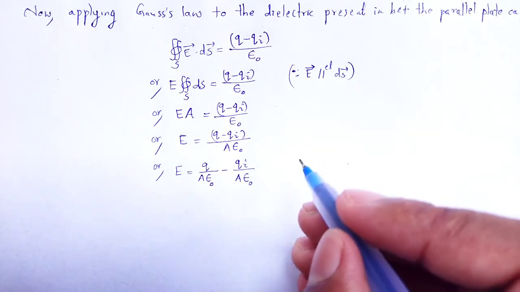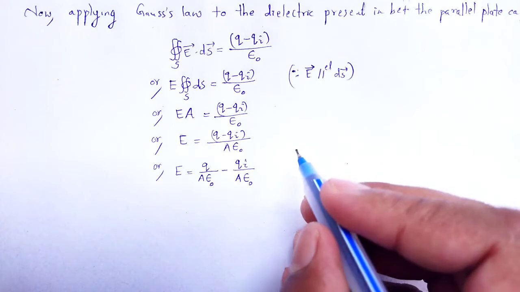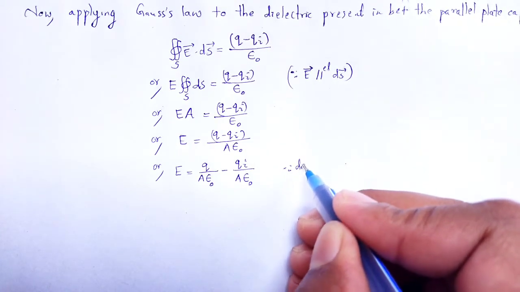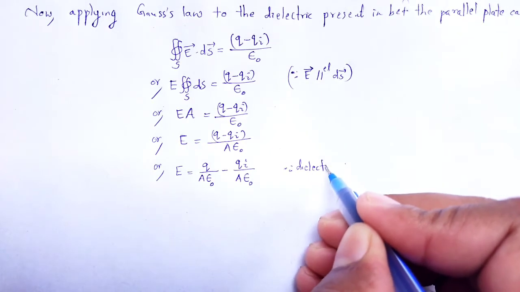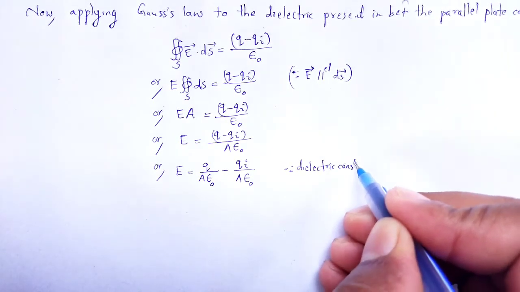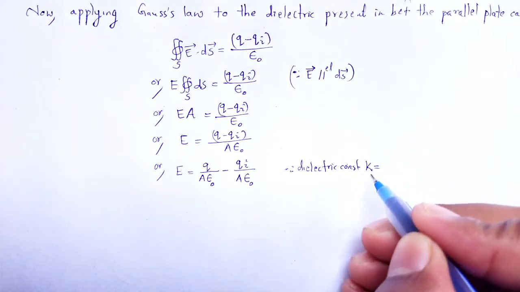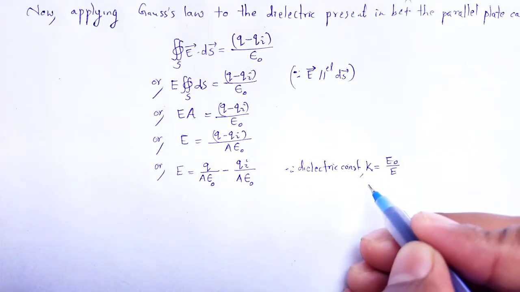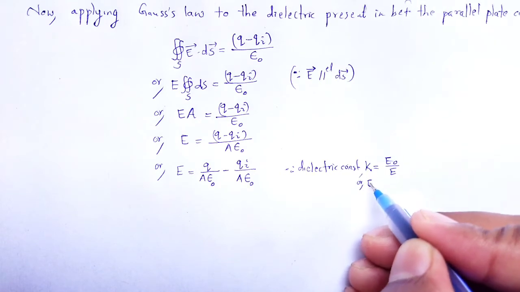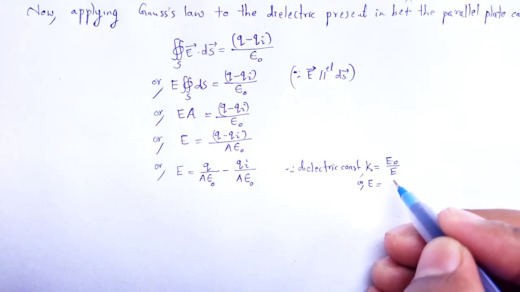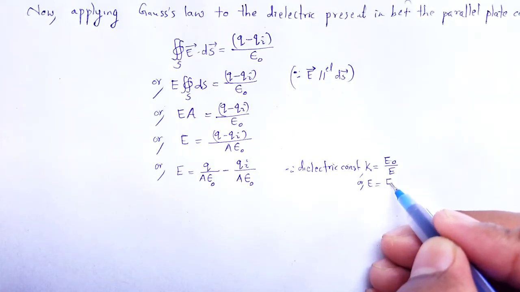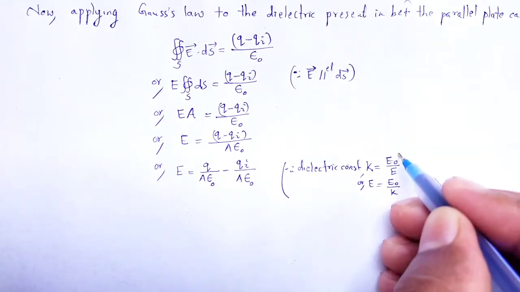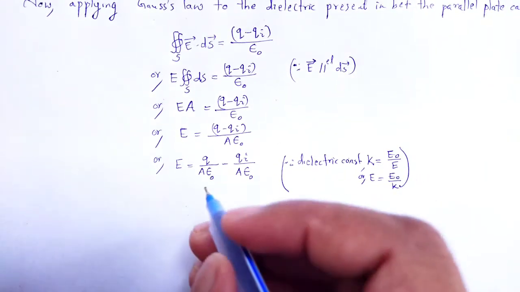Again, according to the definition of the dielectric constant K, K is equal to E naught by E. Therefore, E is equal to E naught by K. We implement these values here.